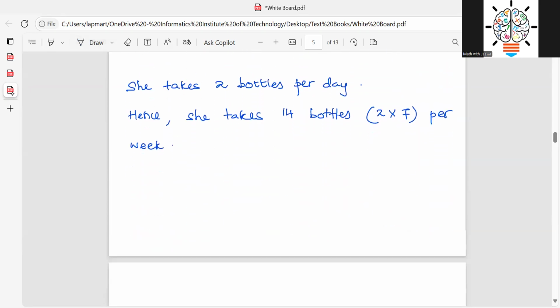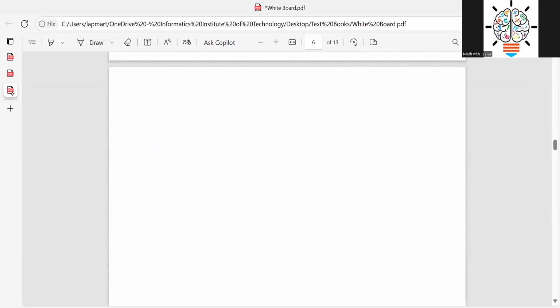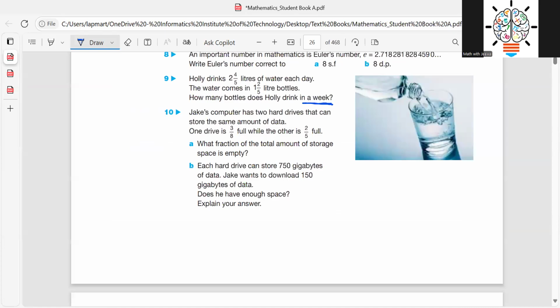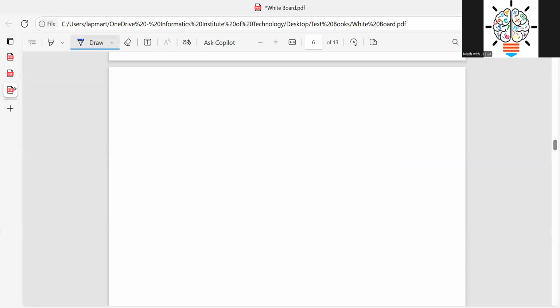So then we will move to the next word problem you have. Here what they are talking about is, Jake's computer has 2 hard drives that can store the same amount of data. So here the computer, and then let's say drive 1, and then drive 2.